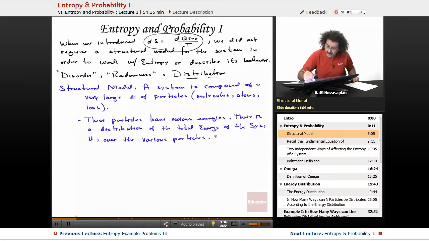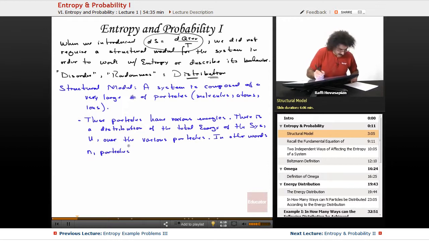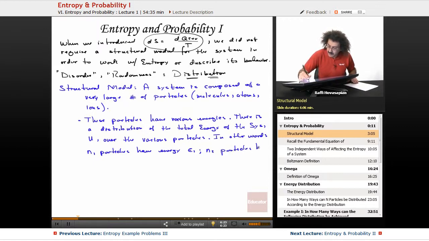In other words, exactly what we just said. N sub 1 particles have energy E sub 1. N sub 2 particles have energy E sub 2, and so on.